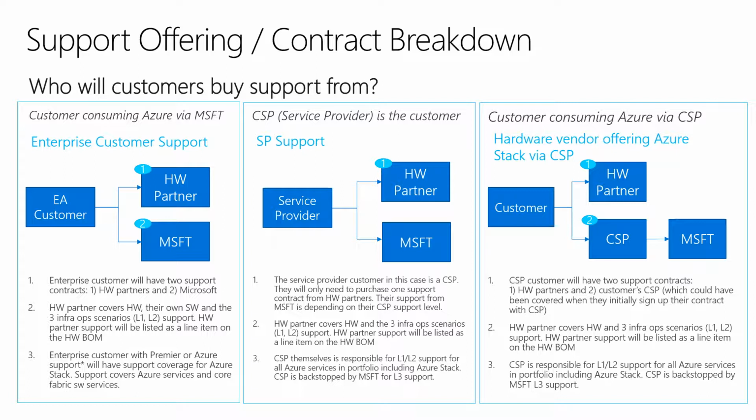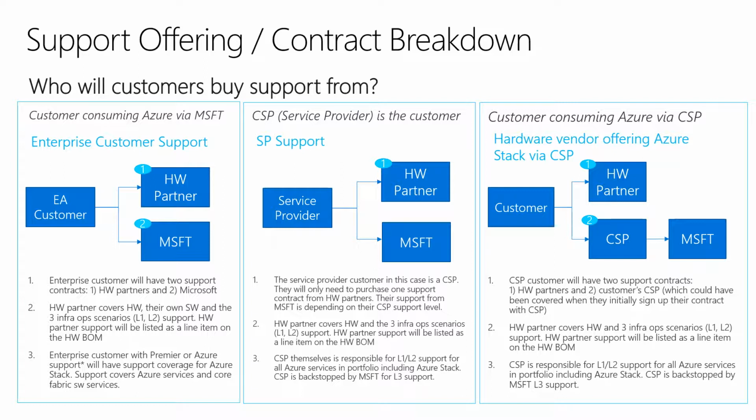Here are a few options we have today for how and where you'll get your support for your solution. Starting on the left side, a pretty classic approach. We have an EA customer, an enterprise agreement customer, and they'll have 2 support contracts. One with a hardware partner and the second one with Microsoft.